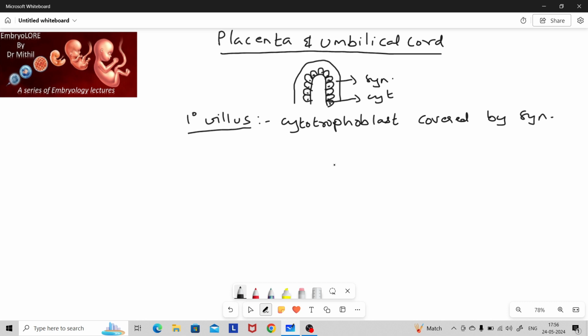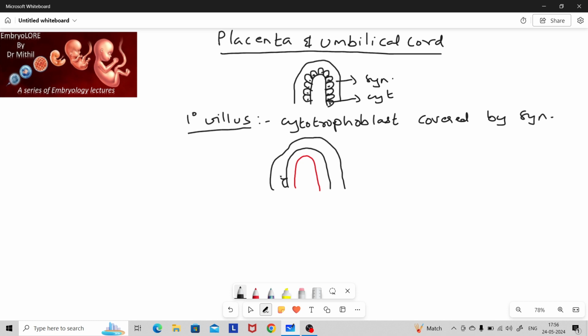Now in the secondary villus, the main difference is that the core of the mesoderm is also seen. For our understanding, let me show you the color difference. First of all, this is the core of the mesoderm, and on it there will be the cytotrophoblast, and further the syncytiotrophoblast.